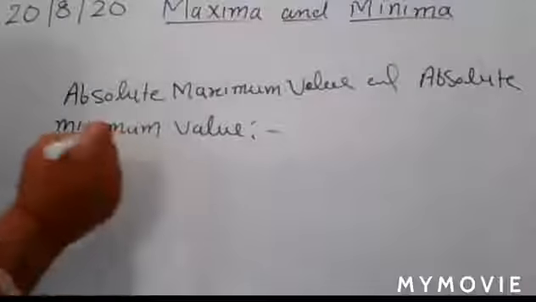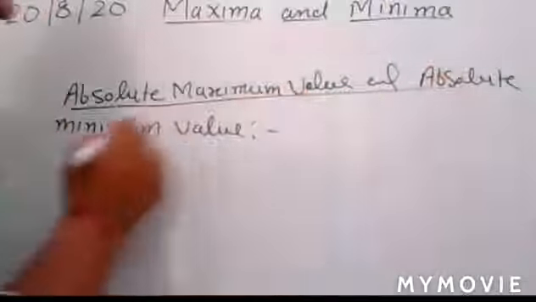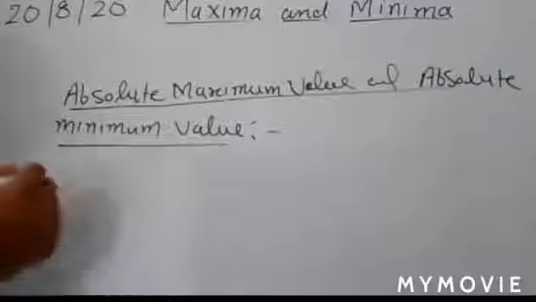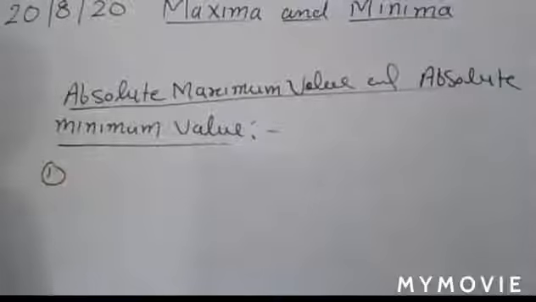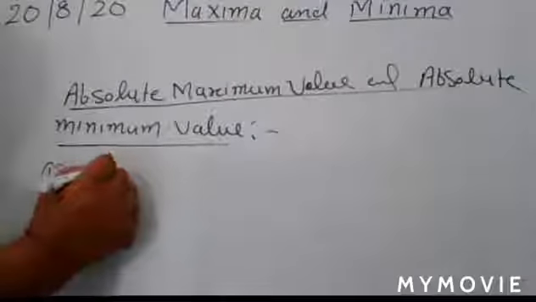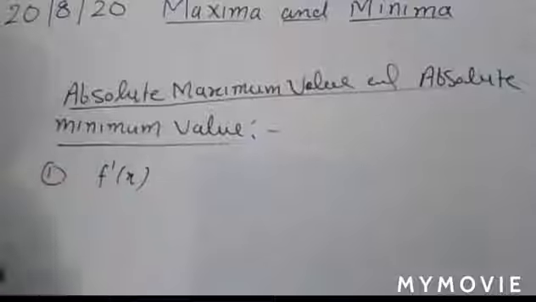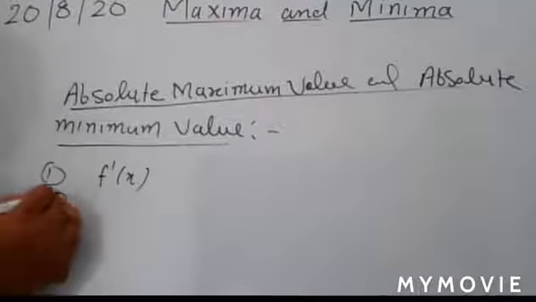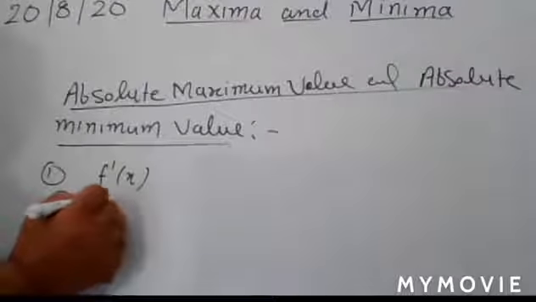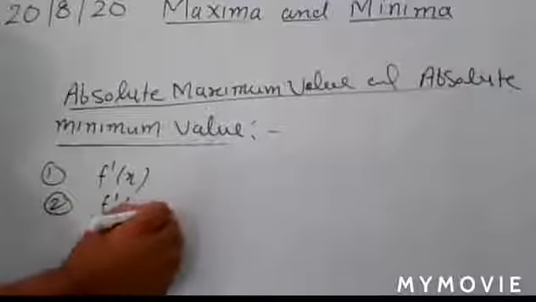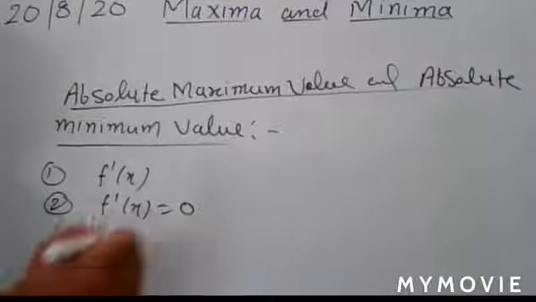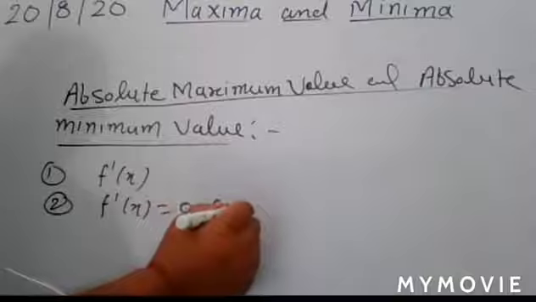So what is the working rule for that? First of all, in the first step, you find the derivative of the function. In the second step, you take f dash x equal to 0 and solve for x.